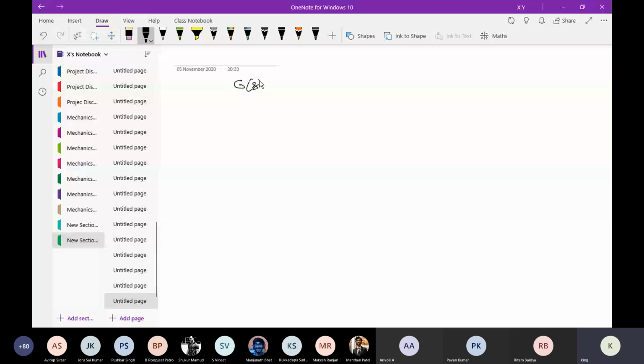Another example, GS HS is equal to S square plus 2S plus 2.